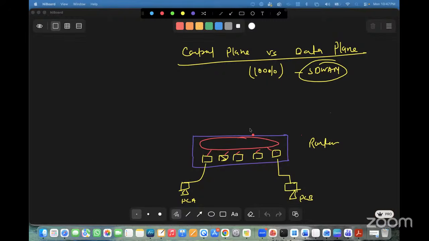So control plane is your brain, the nervous system of the router or switch. Take an example. Let's suppose you are feeling hungry or thirsty. Which body part gives the indication that you are feeling thirsty?